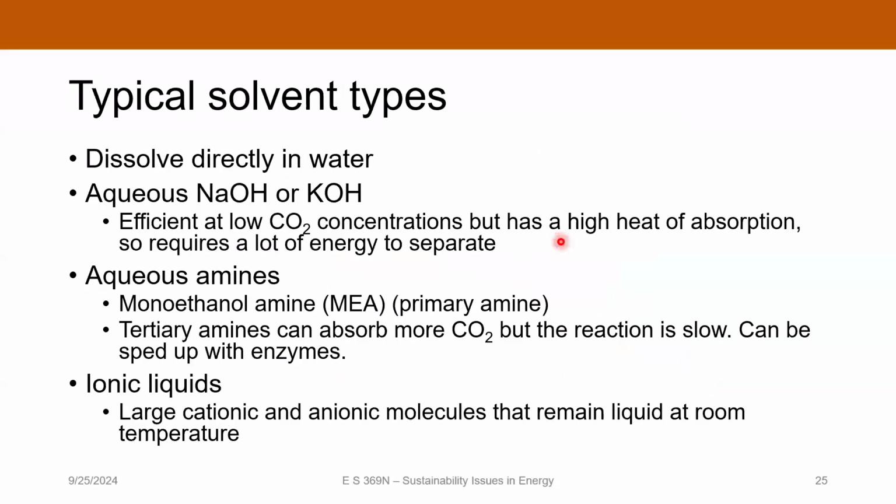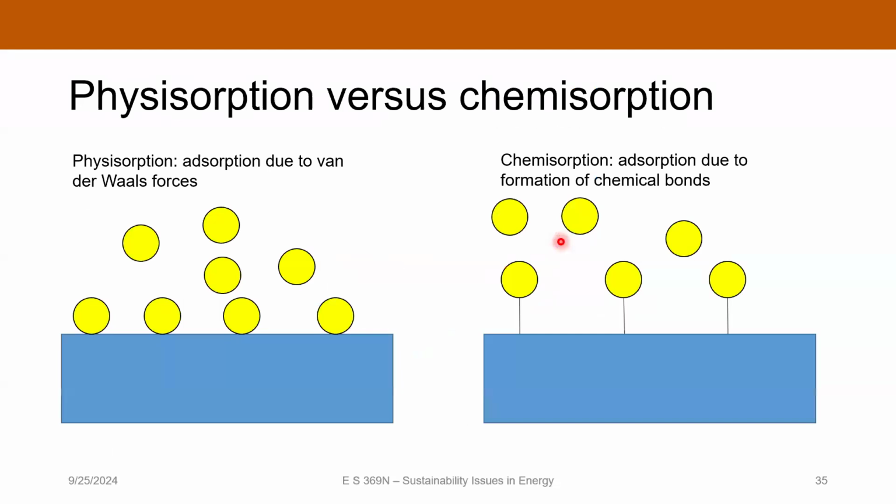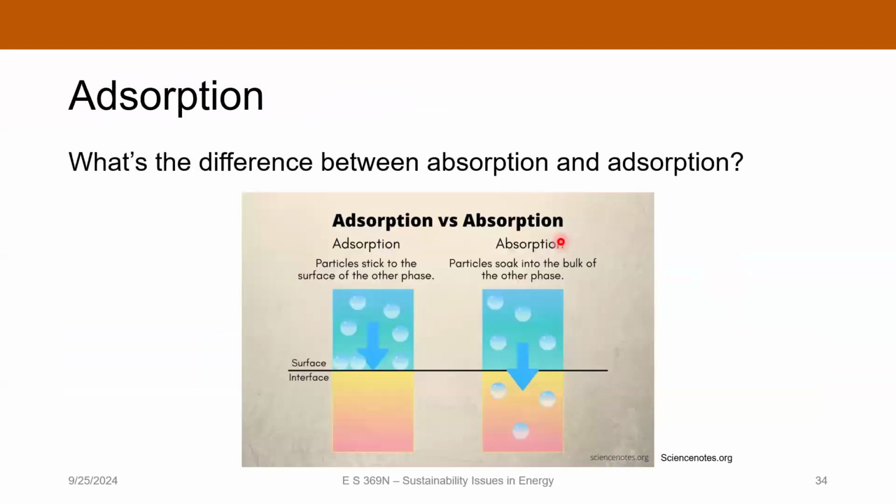So let me go through here. We were talking about adsorption on Monday when we finished up. Just to remember, adsorption is when all the action happens right on the surface of a substance. You can think of this as the CO2 molecules out here doing something at the surface.